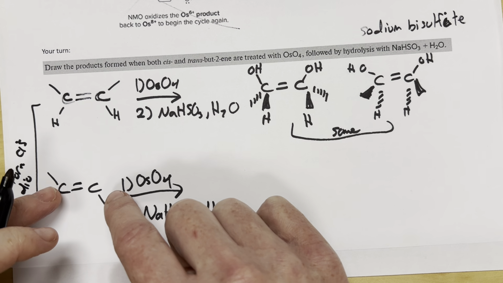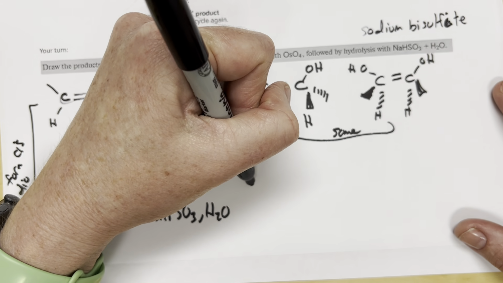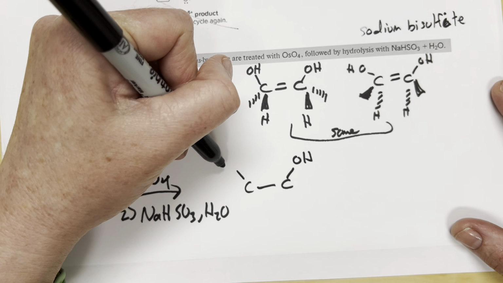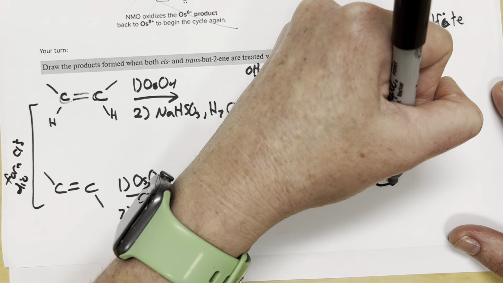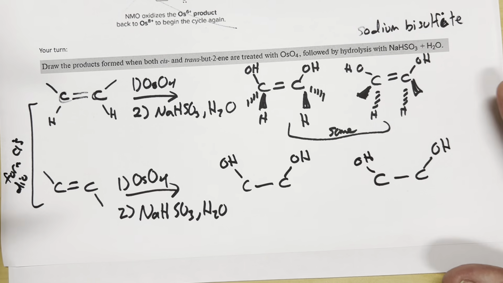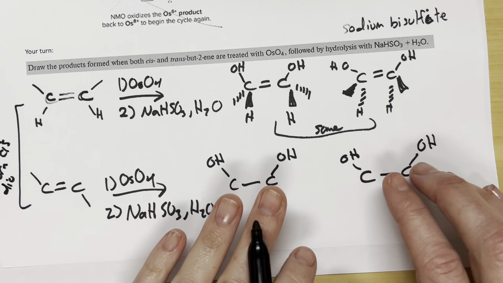And so your final product, because you want the two alcohols pointed in the same direction, at least I do when I go to draw it. So you're going to get two products. Both of them will start out like this. We're good with that. But now let's look at the methyl groups.